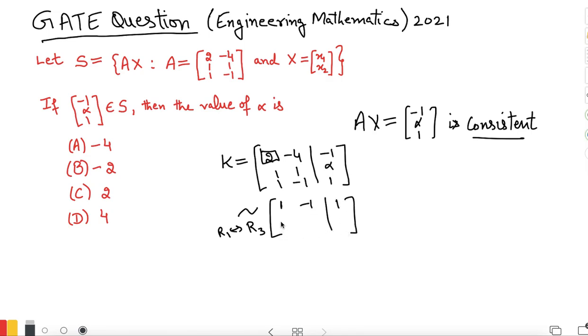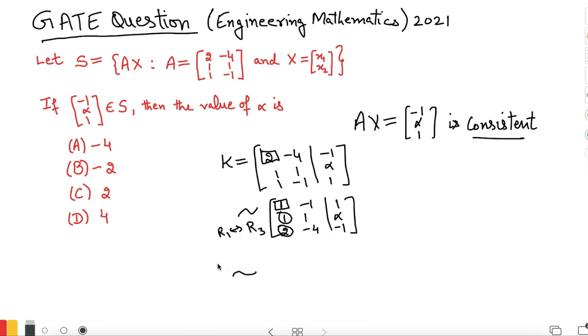So let us interchange row 1 and row 3. So 1, minus 1, 1 becomes the first row, the second row remains the second row, and the first row becomes the third row. So the first pivot position is this. To form the echelon matrix we have to make these two elements exactly 0.